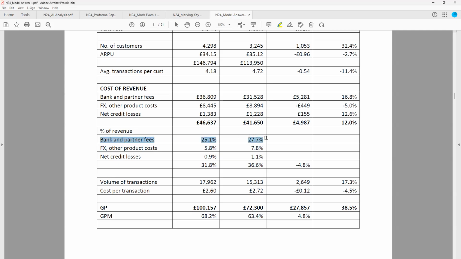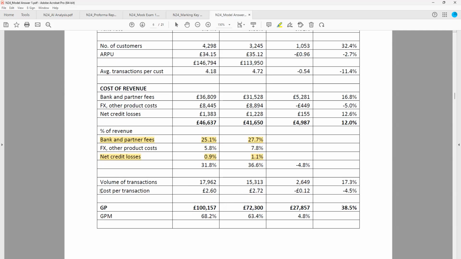Bank and partner fees, they're reducing as a percentage of revenue. And then we can see here as well the net credit losses. Even though both of these costs have increased, they're reducing as a percentage of revenue because revenue is growing faster than those costs. And of course, FX has actually reduced, so that's significantly decreasing as a percentage of revenue.